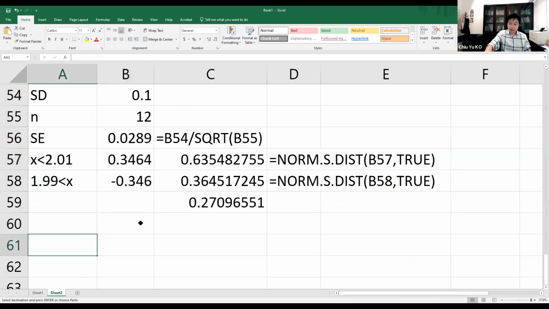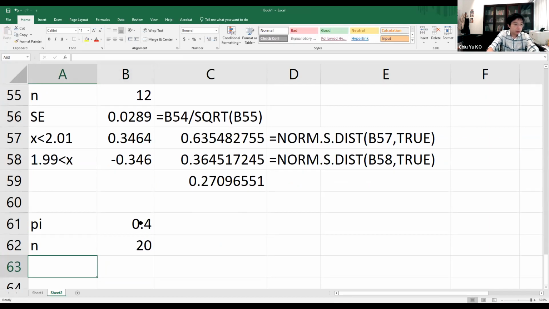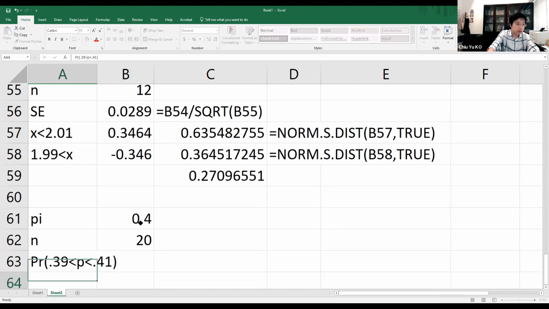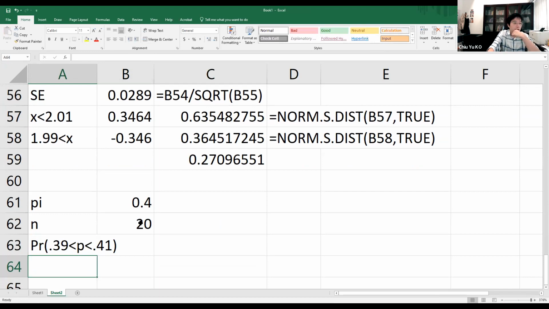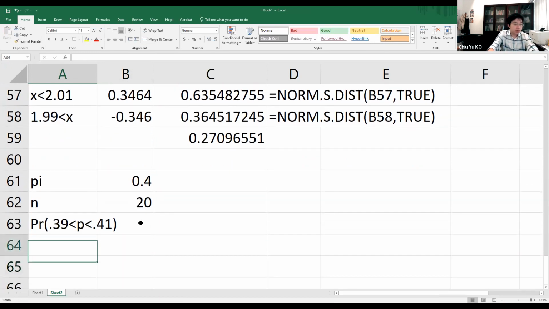So pi is 0.4 and n is 20, right? The question is asking the probability that p is between 0.39 and 0.41. So this is the question. And the first part is the sample proportion.